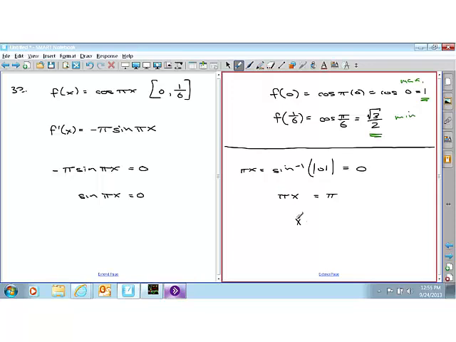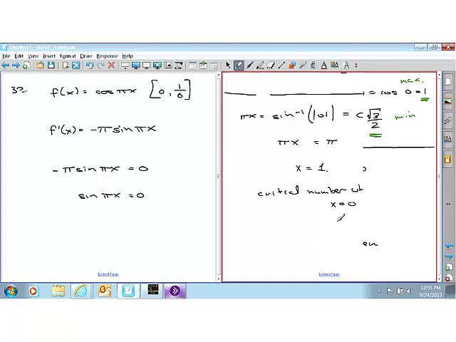Then you solve for the values of x where this is true, and so x will equal 1 is your second solution for where this derivative is 0. So we have two solutions. We have a critical number when x equals 0, and we get a critical number when x equals 1.